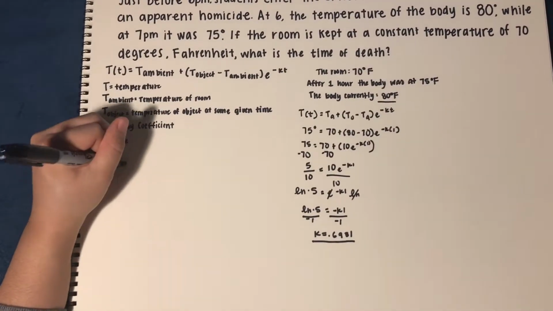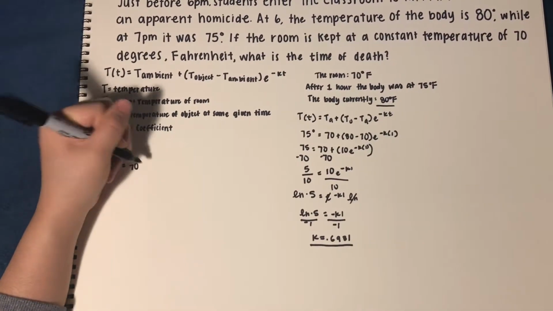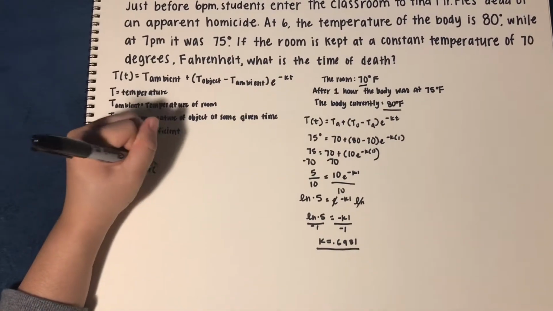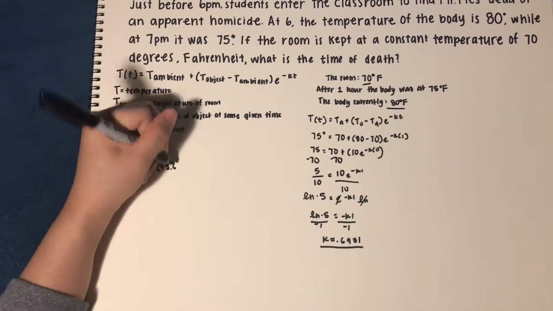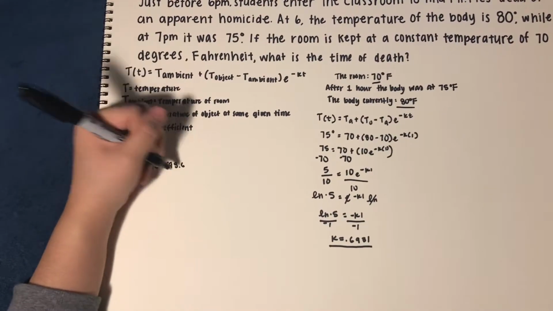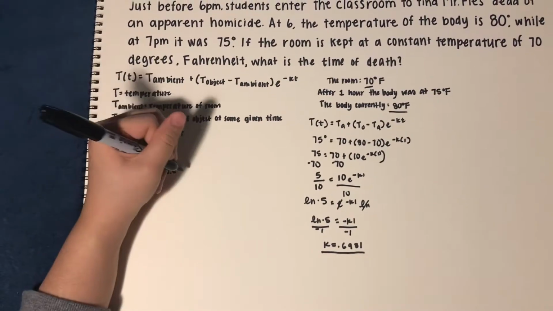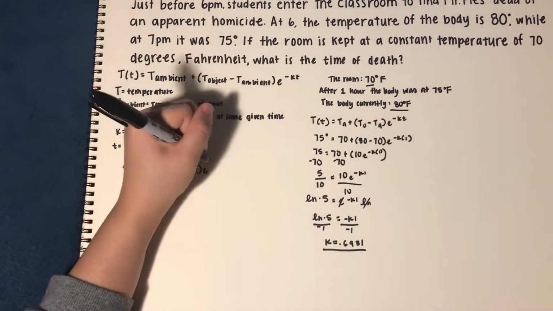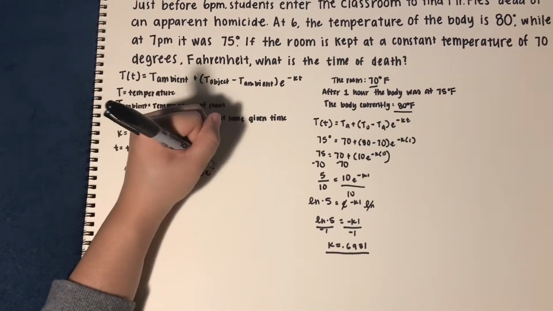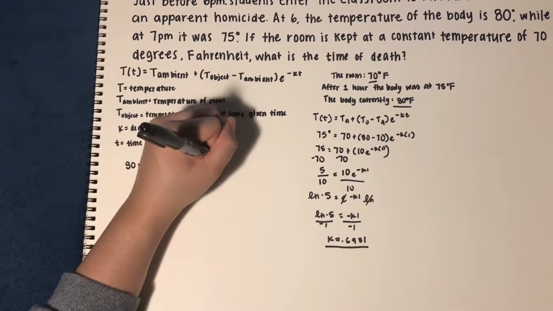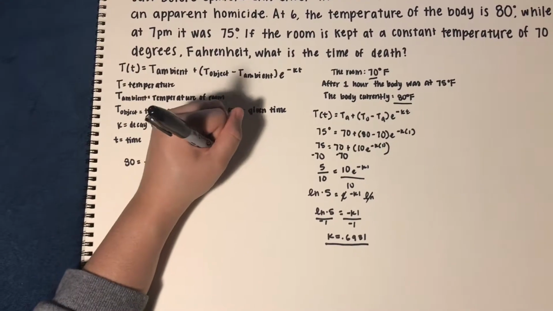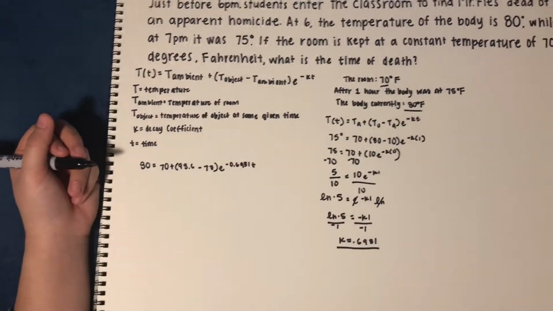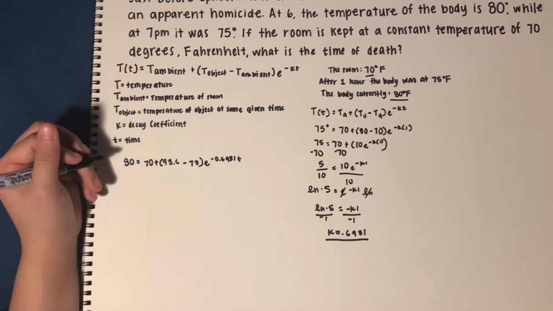So it would be 80 equals 70, which is the room temp, plus 98.6, because that's the normal human body temperature, minus 70, e to the power of, instead of putting K, you put the value that we found, which is negative 0.6931 T. Okay? And then all you do now is solve.